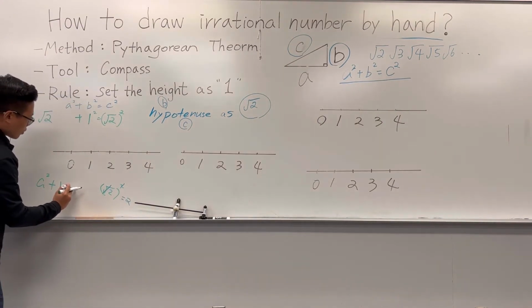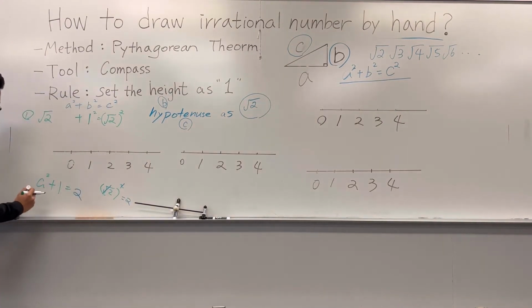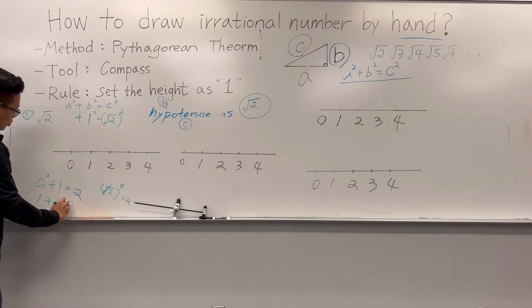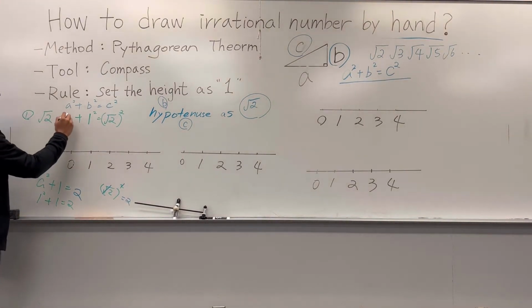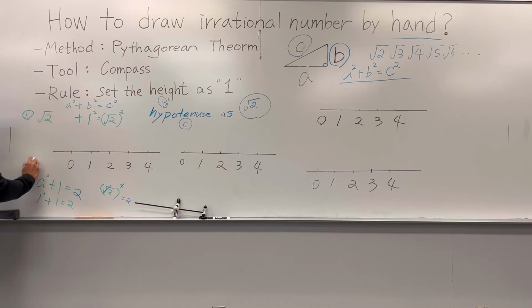So I put 2 here. So what number is a? That should be 1 plus 1 equals 2, right? Because 1 squared is still 1. So I can find that a here is 1.